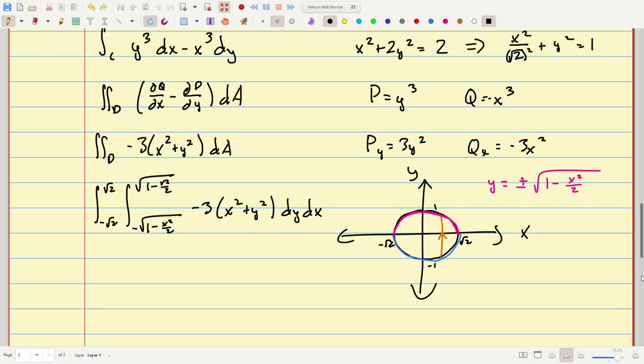Looking at it, it wouldn't be a surprise if I told you that this does not work out very nicely. It kind of becomes a mess. You get some integrals that you could do, but you would end up beating your head against the wall doing trigonometric substitutions and other not fun stuff. The same is true if we pick the other order of integration, going from -1 to 1 and using the solved-for-x version of these limits.